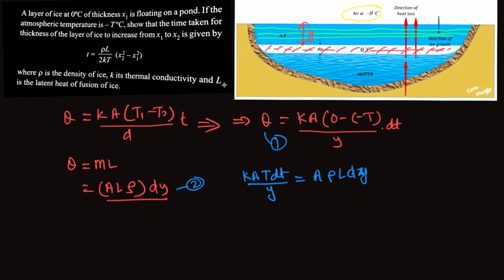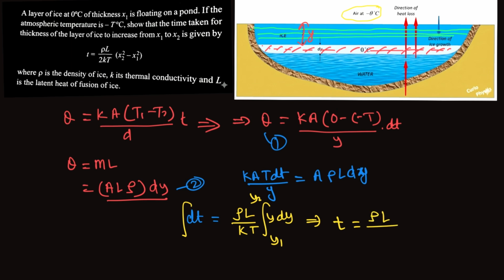Now if I separate this, I get dt equal to rho L divided by K T, times y dy. And if I integrate this from y1 to y2, the final formula, the time taken to freeze, will be equal to rho L divided by 2KT, times (y2 square minus y1 square). So this is the formula used.